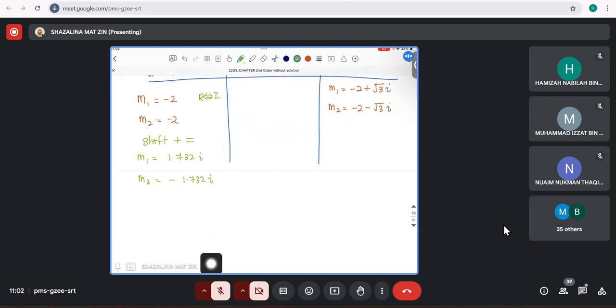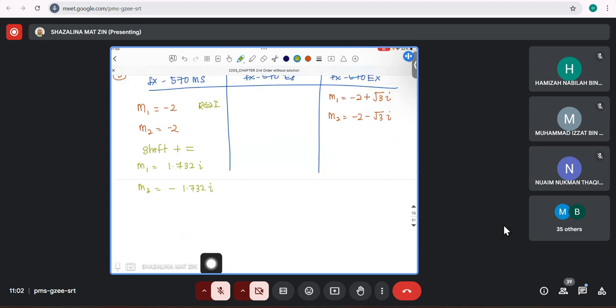Now, how to combine? We want to combine M1, so choose the real part and the imaginary part: -2 plus 1.732i.